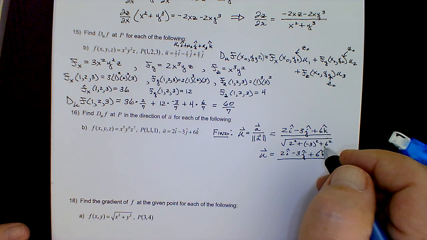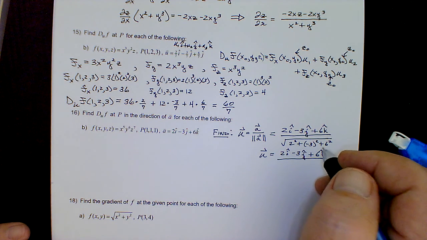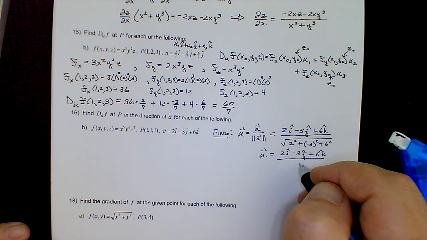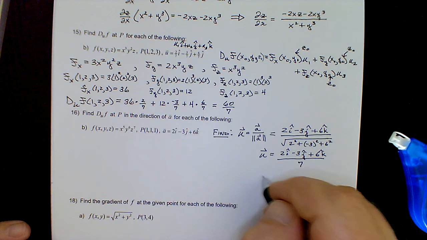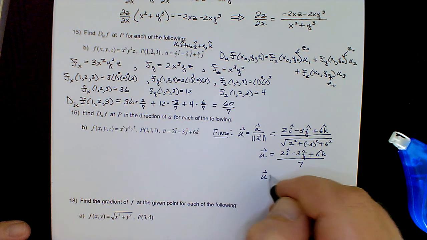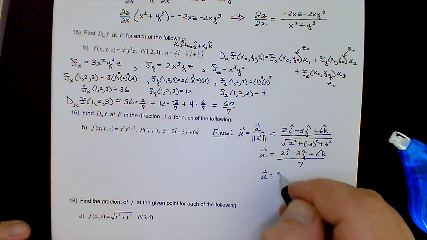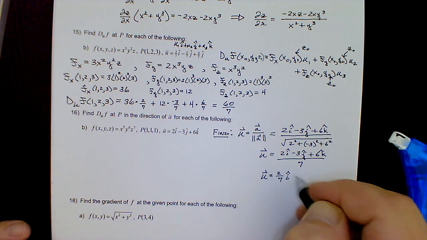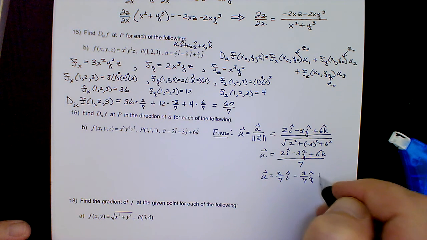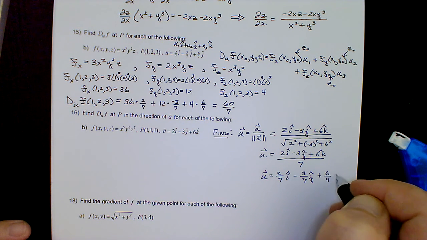Well, that works out pretty. The square root of 49 is 7. And so our unit vector is 2/7 i minus 3/7 j plus 6/7 k.